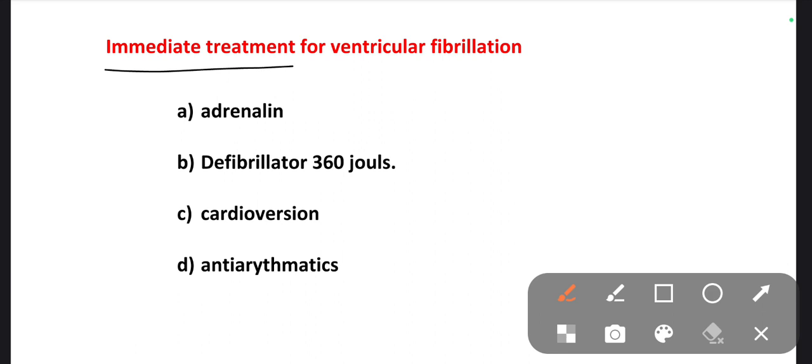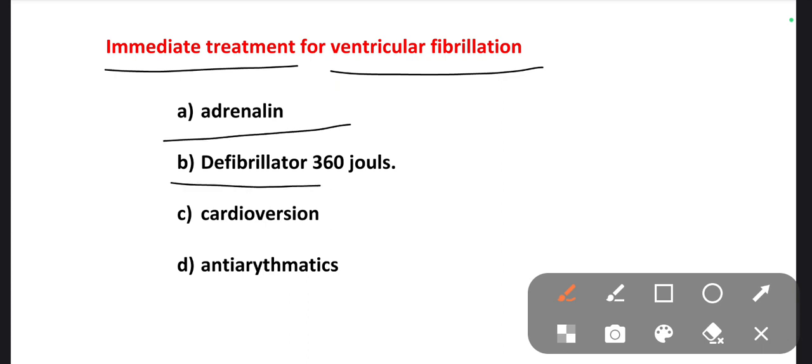And what is the immediate treatment when the patient is in ventricular fibrillation? Options are adrenaline, defibrillator with 360 joules, cardioversion, antiarrhythmics. Antiarrhythmics are nothing but the drugs which prevent arrhythmias. Arrhythmia is abnormal heartbeat.